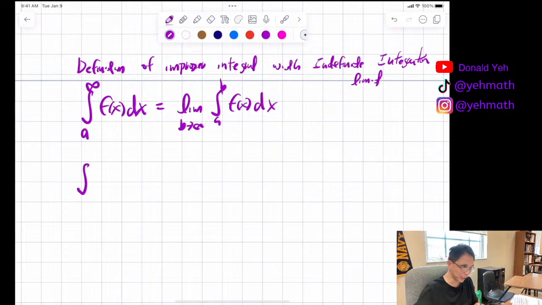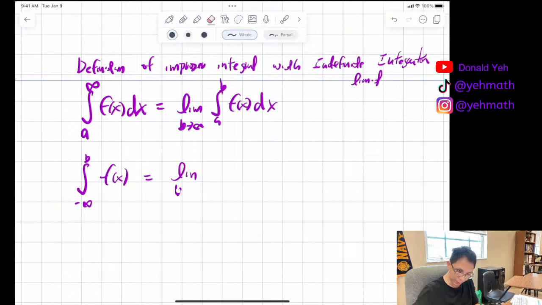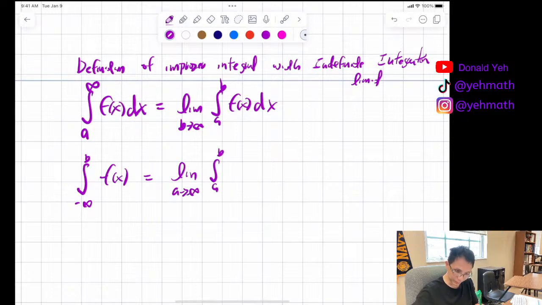Second situation, you can have negative infinity to b of f of x. You can have it the other way. And that's just going to be the limit as a approaches negative infinity of the integral from a to b of f of x dx.